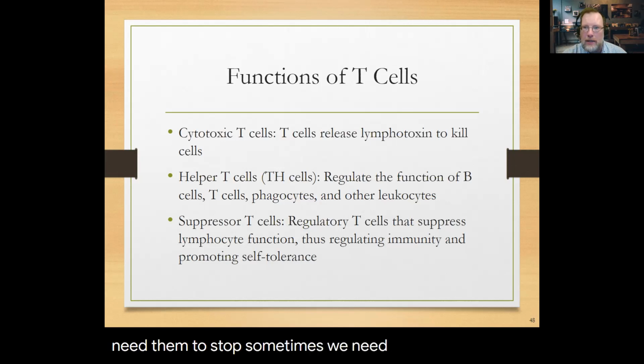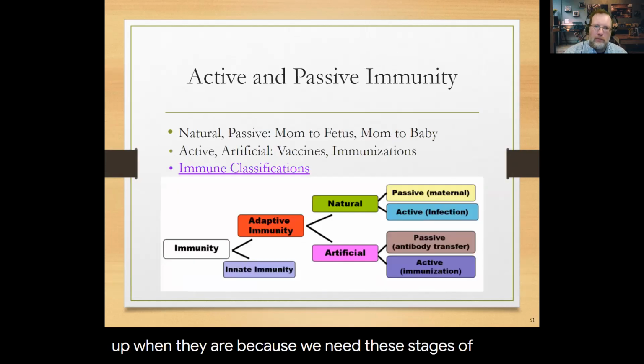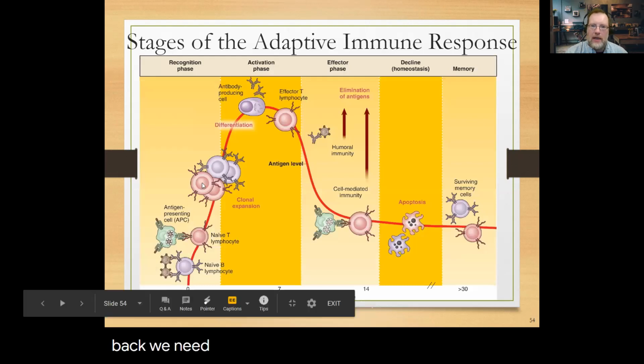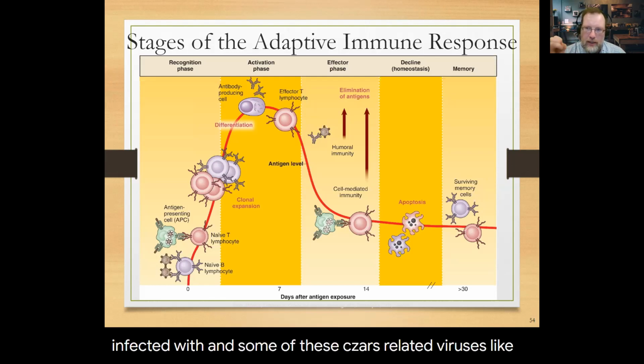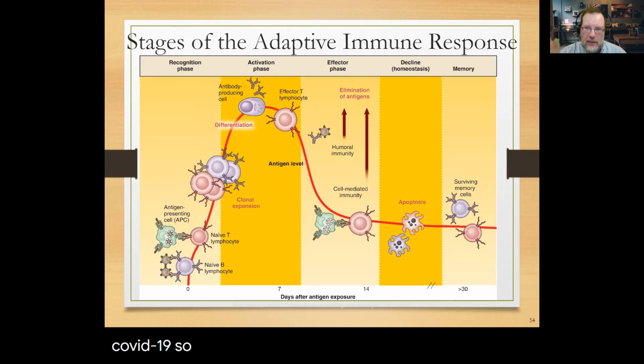Sometimes we need them not to show up when they are, because we need these stages of adaptive immune response to be appropriate to whatever the virus is that we're infected with. And some of these SARS-related viruses, like COVID-19, and HIV is another one, we're having a difficult time delaying some of these stages or altering some of these stages.